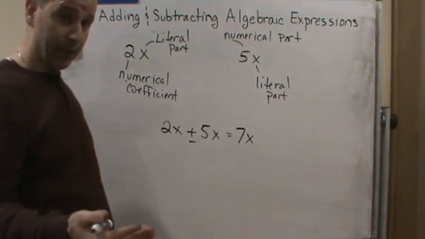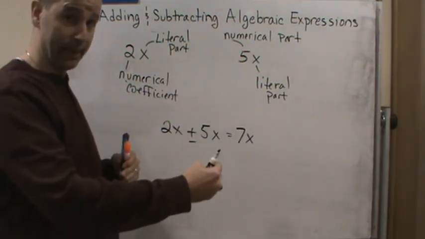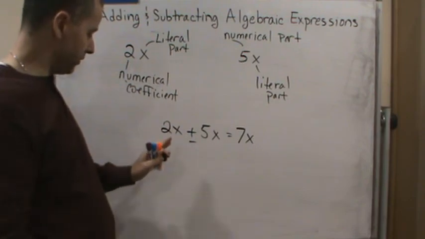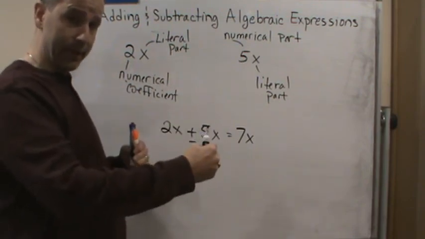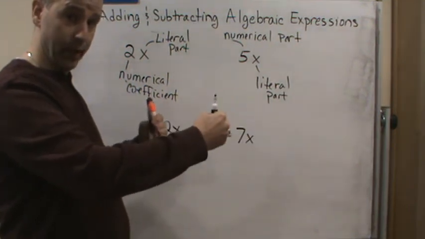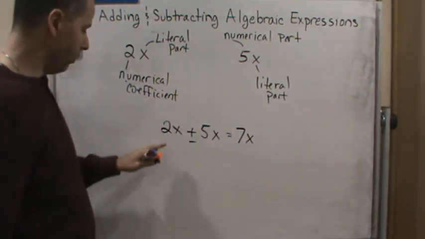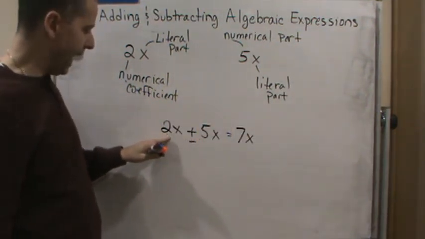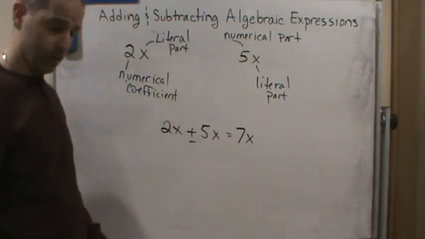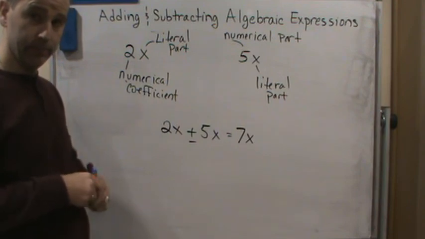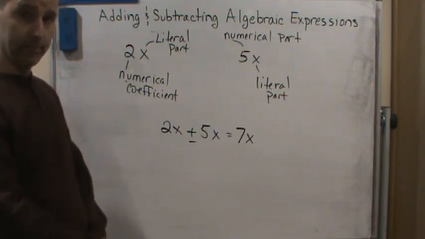When we add fractions, we have to have a common denominator, else we can't add them. Same thing here, we have to have like terms. And if they have common denominators, then guess what? We add the numerators and keep the denominator. Very similar to here, we add the numerical part and we keep the variable part. Okay, that's it.